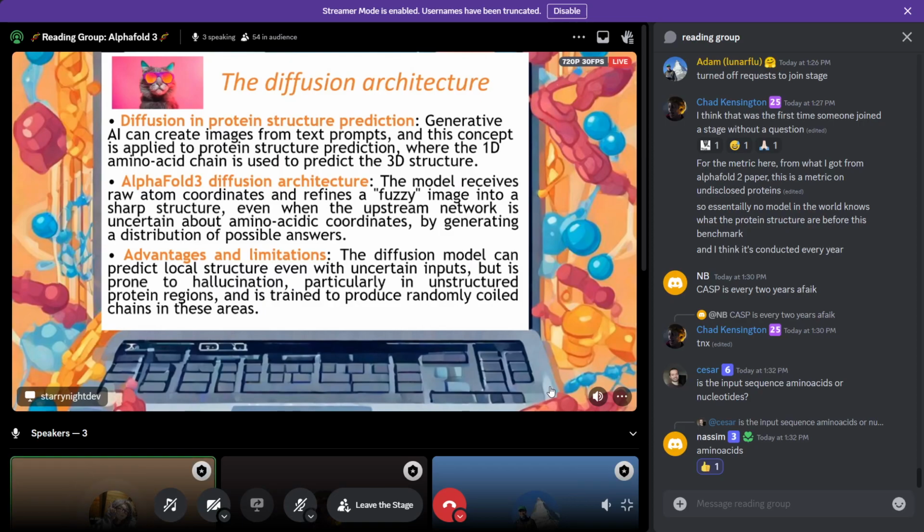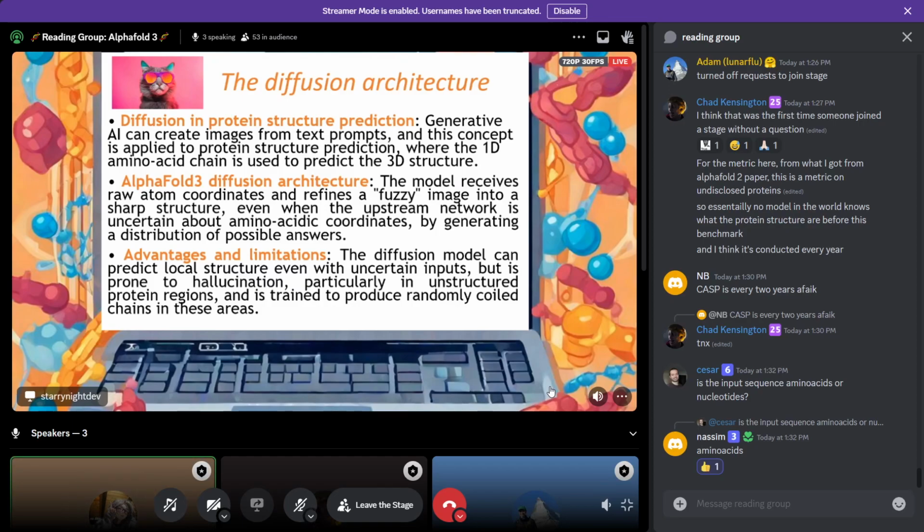We're not at the point where we input an amino acid sequence and receive out from the stable diffusion model a 3D image. Instead we have a guidance input, which, as you can read here, is a fuzzy image that is received from the upstream network, from the blocks that we saw earlier that make up AlphaFold.